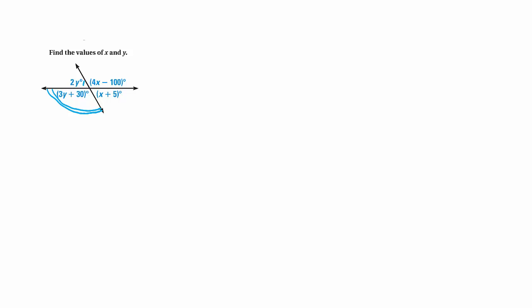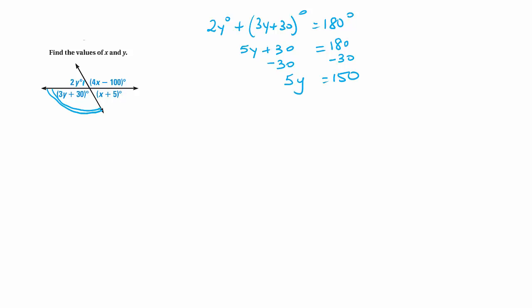So I can write an equation which says 2y degrees plus 3y plus 30 degrees equals 180 degrees. And if we go ahead and solve that, we get 5y plus 30 equals 180. The degrees just cancel out. Subtract 30, subtract 30, and you get 5y is equal to 150. Divide by 5. Y is equal to 30. So we've solved for y.